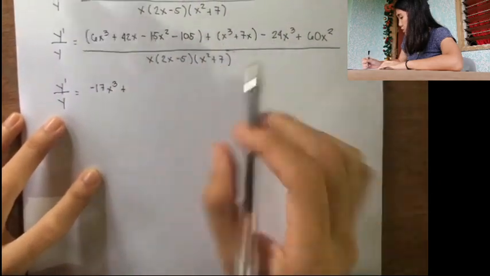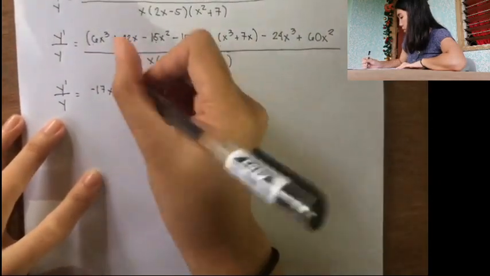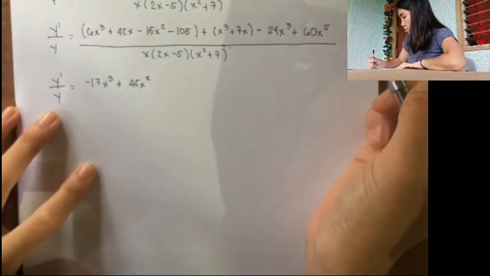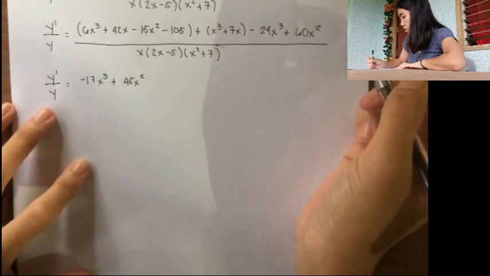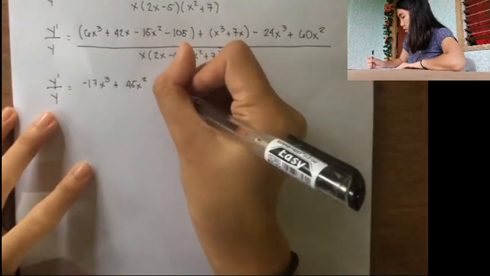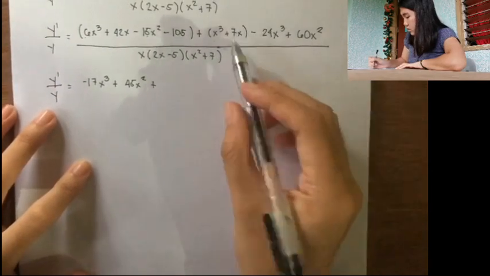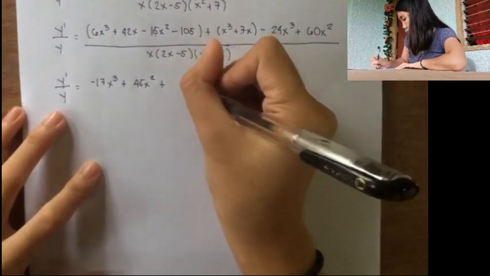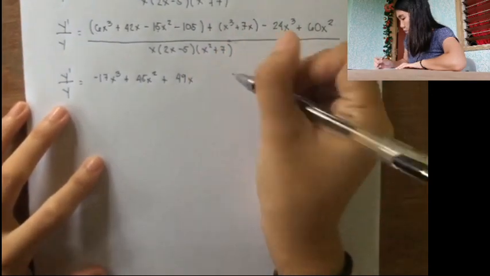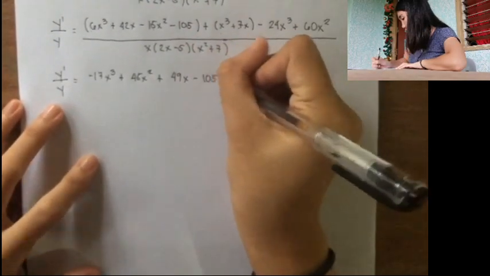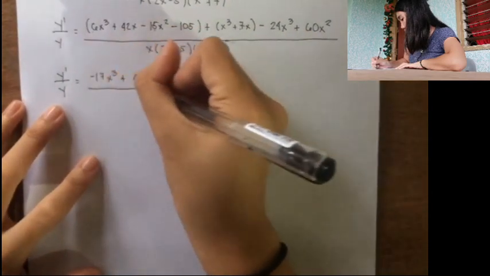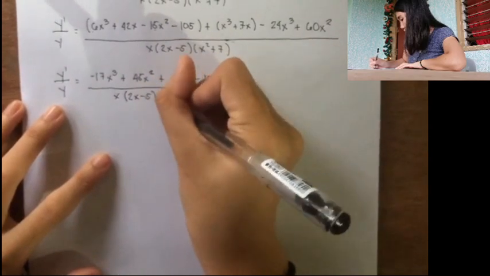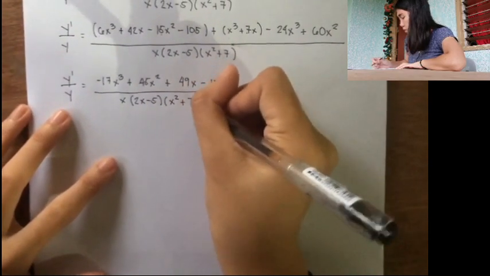Negative 15x squared plus 60x squared is 45x squared, plus 42x plus 7x is 49x, minus 105 over x times 2x minus 5 times x squared plus 7.